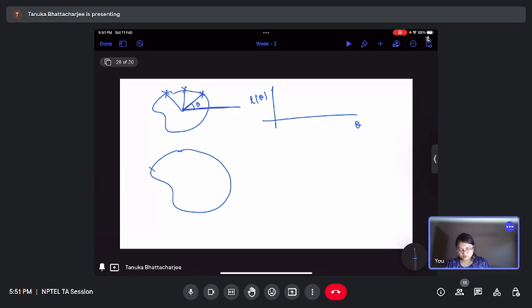For that you take the two farthest points on the boundary and join them, dividing the boundary into two halves. Now let us first consider this half. From all points you take the perpendicular distance to this line, and whichever point has the maximum perpendicular distance, you take that as the next vertex and join these two, and you keep doing this until all these distances are below a threshold.